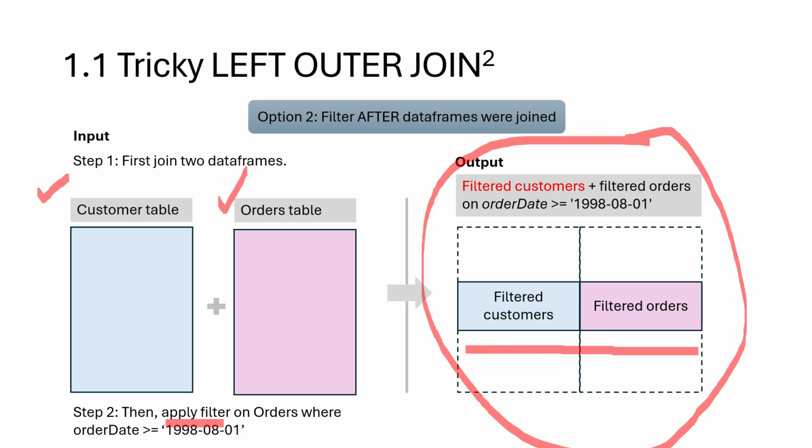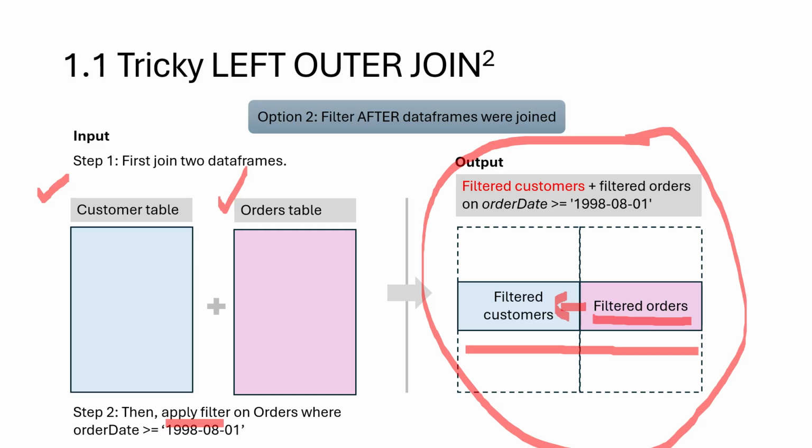Even though the filter we have is on the orders table, which filters the orders data, the effect of that filter would also be seen in the customers table as well.